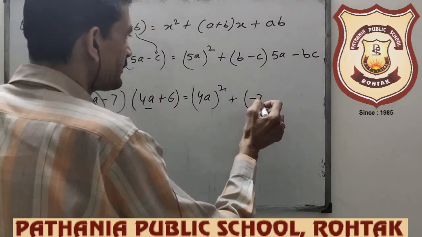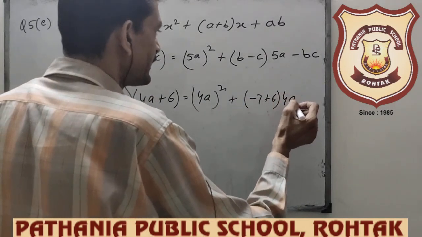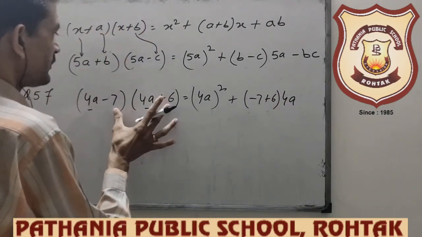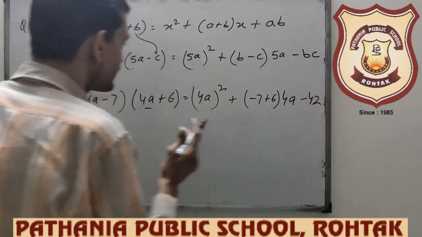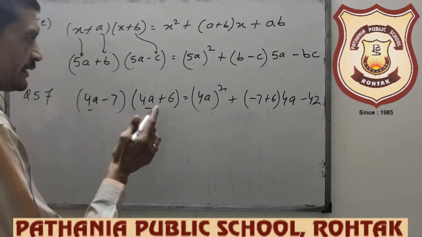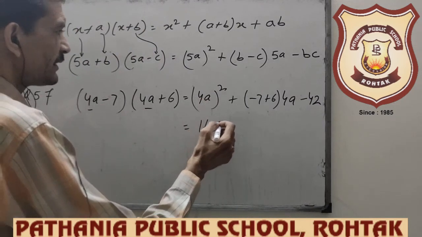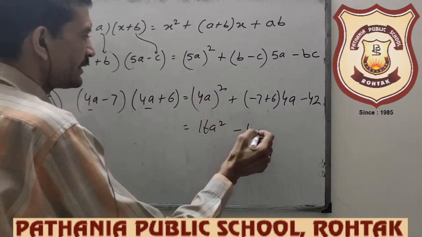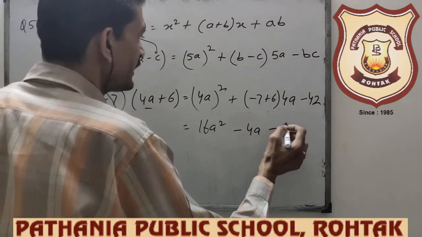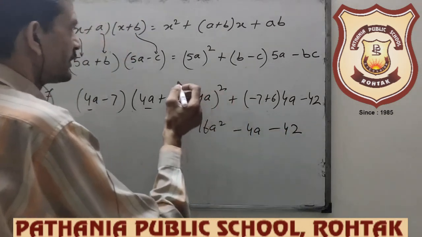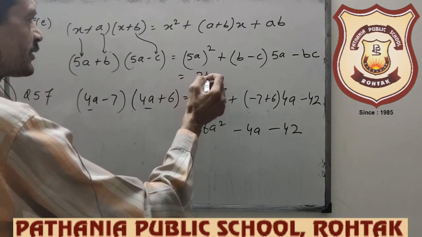So the sum of these numbers is multiplied by the first number 4a, and then the product of these two numbers, 6 sevens are 42, minus 42 because 7 has a negative sign. So this is the answer: 16a square minus 4a, because 6 minus 7 is minus 1, into 4a, and minus 42. Okay? In the same way you can expand this answer also.